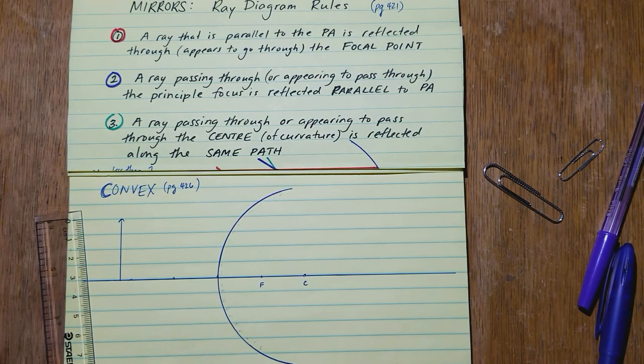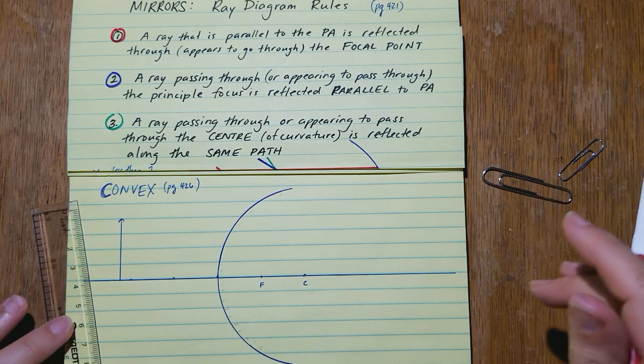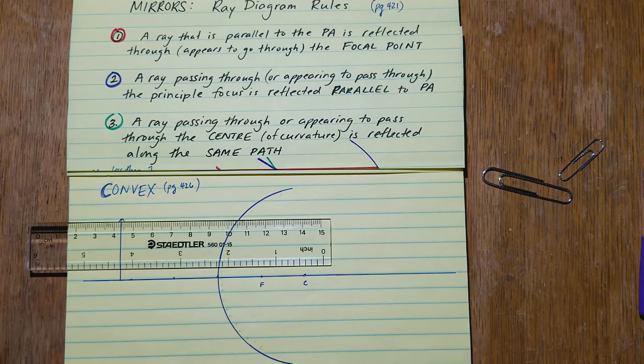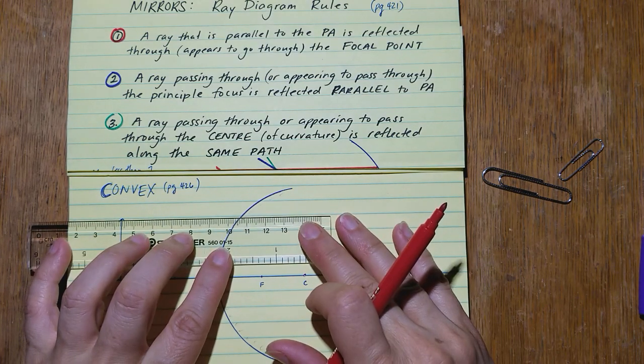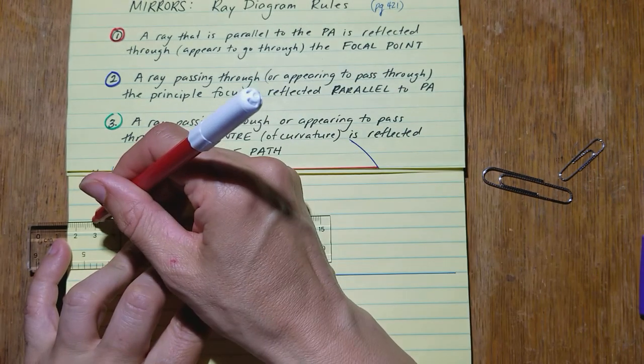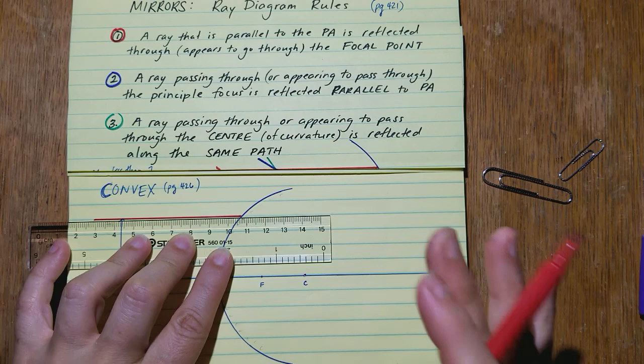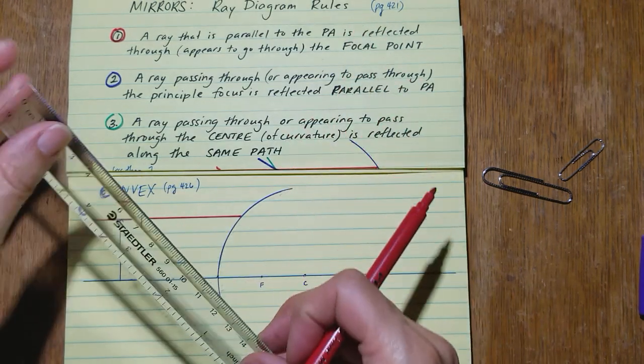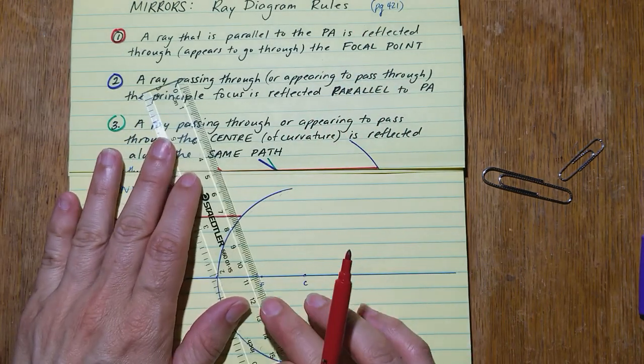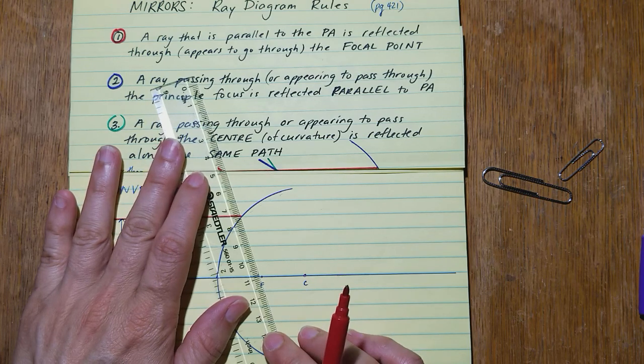A ray that is parallel to the principal axis gets reflected to appear to come from the focal point. So here we go. Parallel to the principal axis. Boom. But then you stop because it gets reflected. Well, what direction does it get reflected in? It gets reflected like it's coming from the focal point.